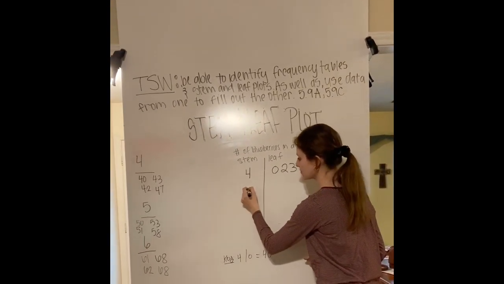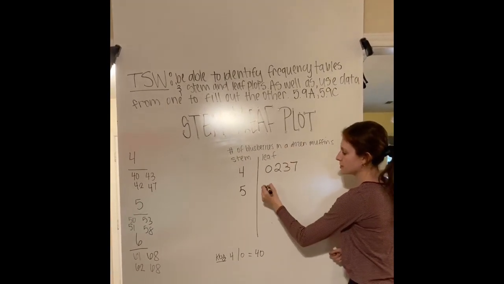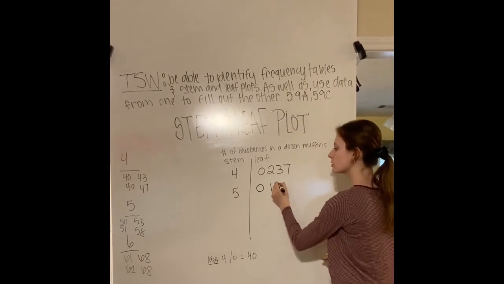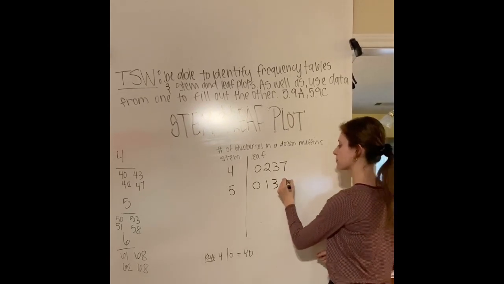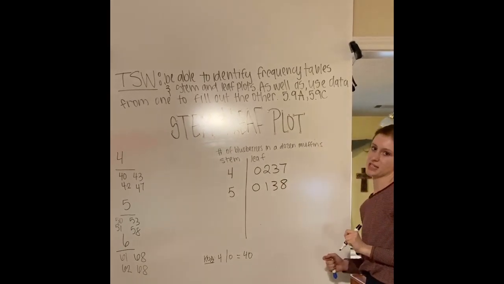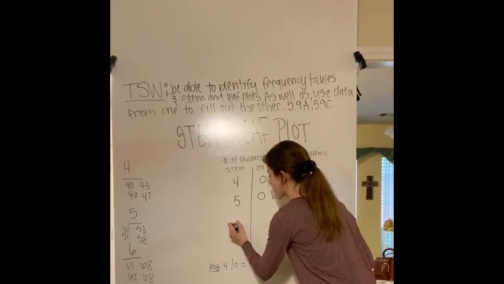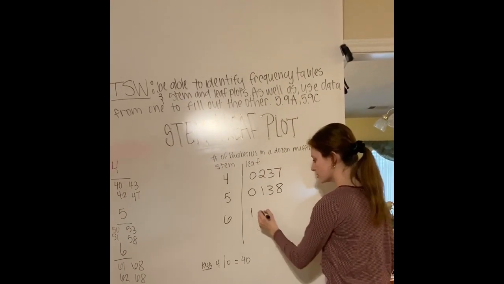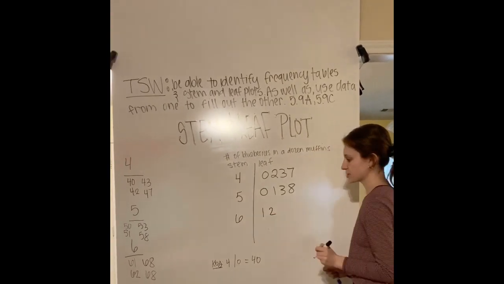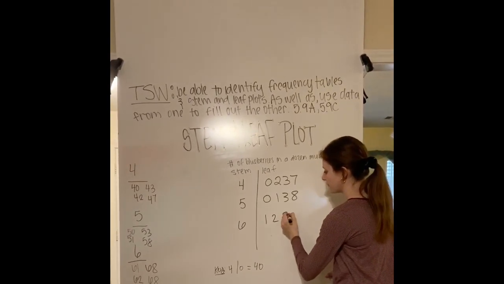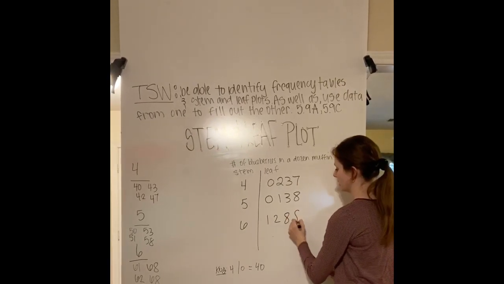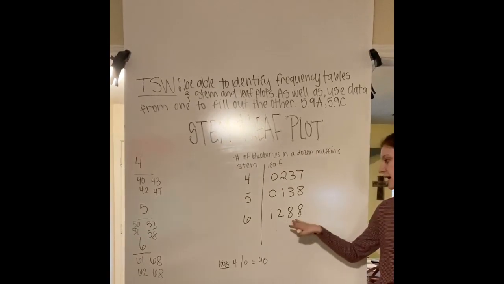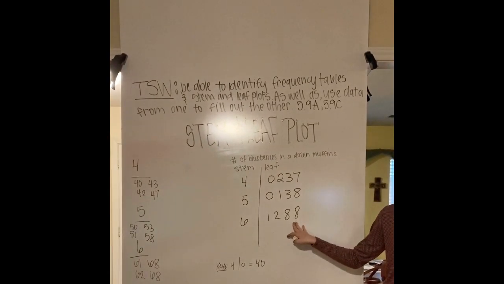Now for our 5s. 0 for 50, 1 for 51, 3 for 53, and 8 for 58. Now for our 6s. 1 for 61, 2 for 62, 8 for 68, and another 8 for 68. Because we had two 68s, we have to have both 8s on this side as well.